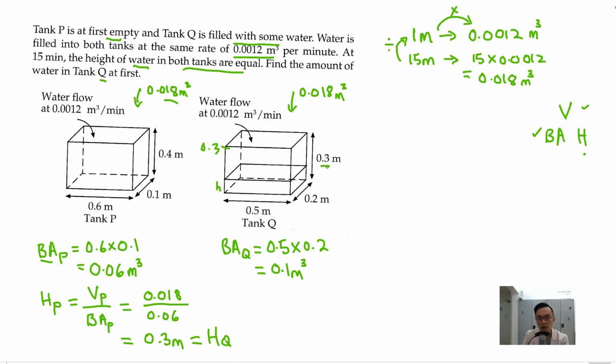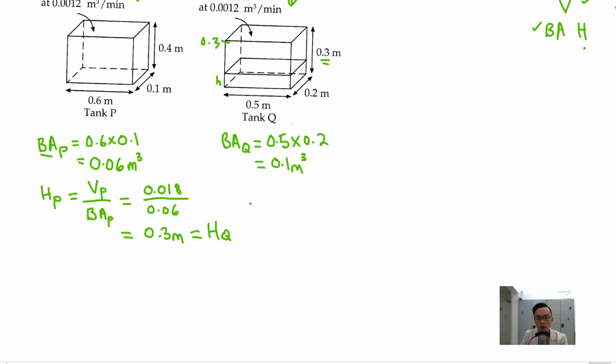0.3, which if you look at this is actually the full volume of the tank Q. So I can then find volume of Q at the end, and that's equals to the base area of Q times the height of Q, which is equals to 0.1 times 0.3 equals 0.03 cubic meters.